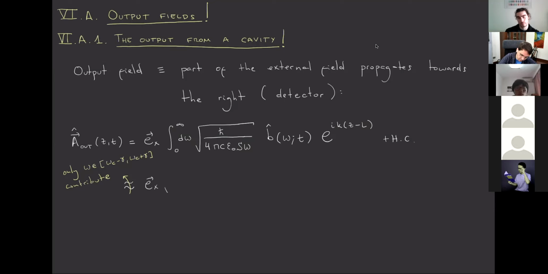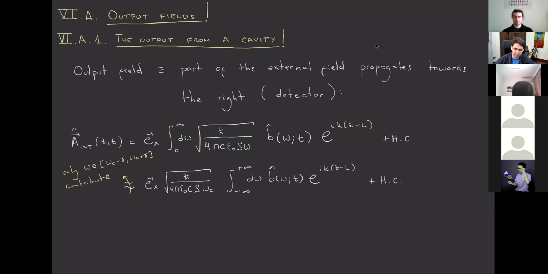Then we are left with this: 4 pi epsilon 0 c S, omega cavity, and then the integration from minus infinity to infinity of b omega, b of omega t, e to the i k z minus z.